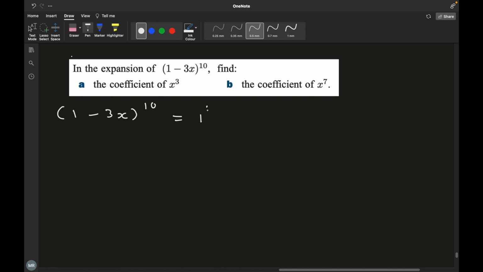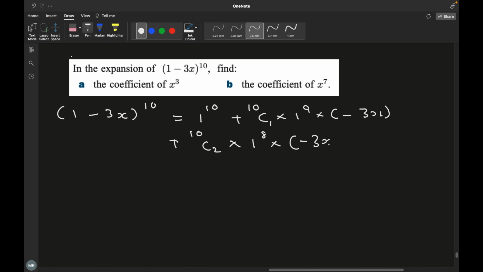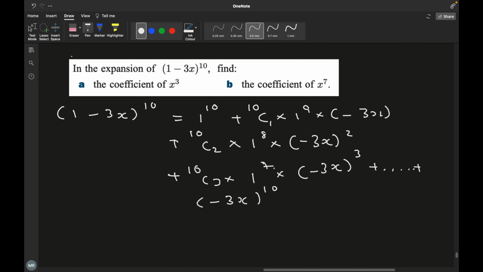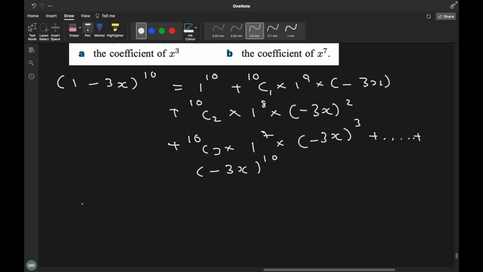This is going to be 1 to the power of 10 plus 10C1 into 1 to the power of 9 into negative 3x, plus 10C2 into 1 to the power of 8 multiplied by (negative 3x) squared, and plus 10C3 into 1 to the power of 7 multiplied by (negative 3x) cubed, and so on till (negative 3x) to the power of 10.